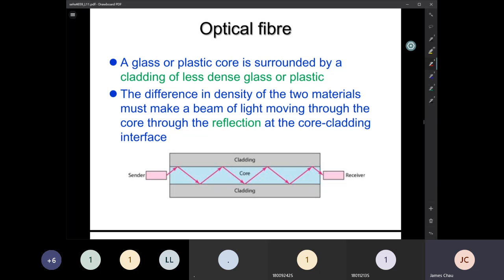The difference in density of the two materials makes a beam of light move through the core by total reflection at the core-cladding interface, so that the light will not escape. You have a reflection of light inside the optical fiber from the sender to the receiver.